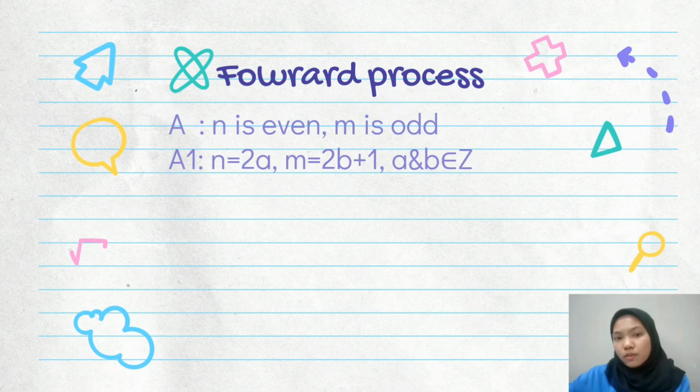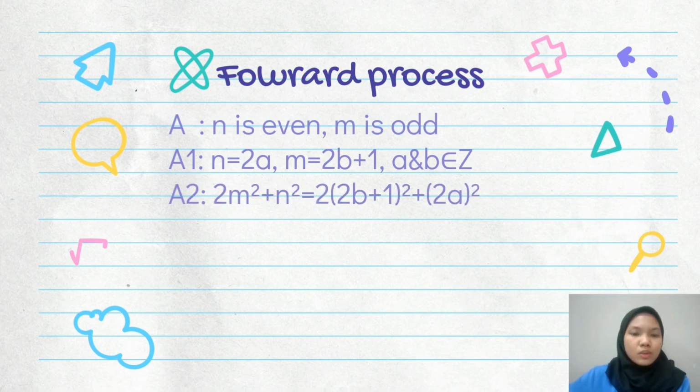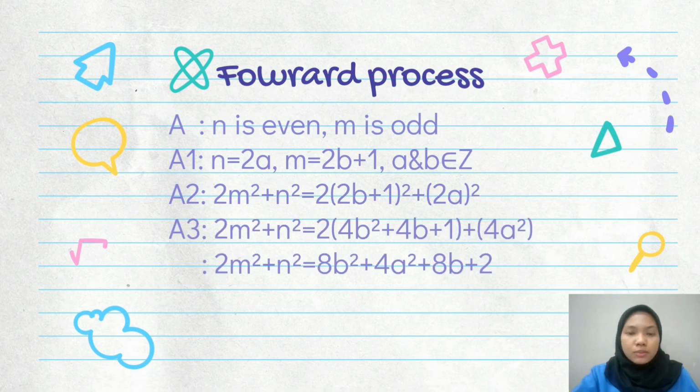So, for the next step, we will substitute n and m into the equation. So it will be 2 in bracket 2b plus 1 squared plus in bracket 2a squared. After substitution, we will expand the equation until we get 8b squared plus 4a squared plus 8b plus 2.